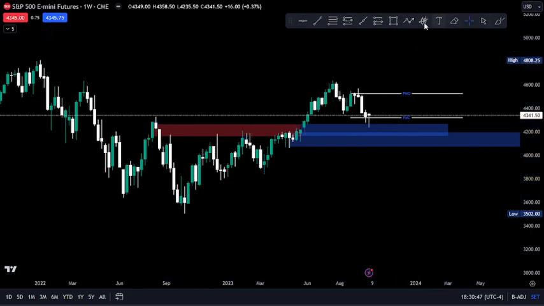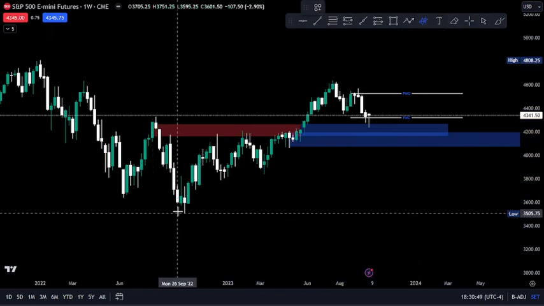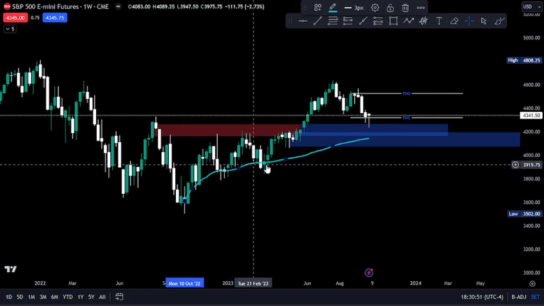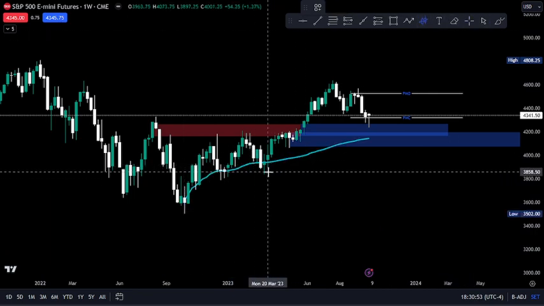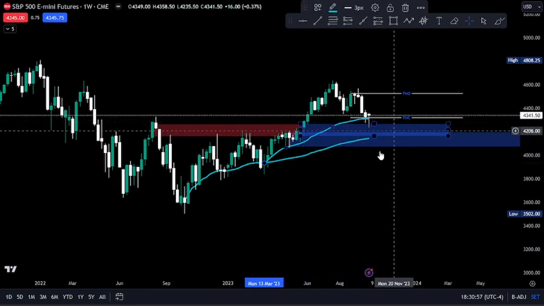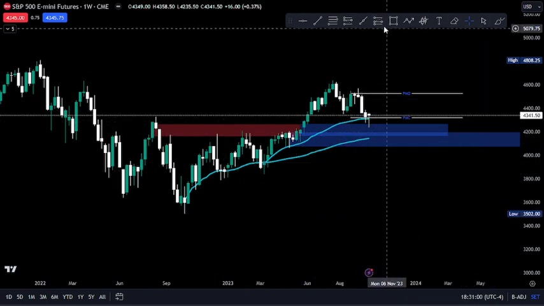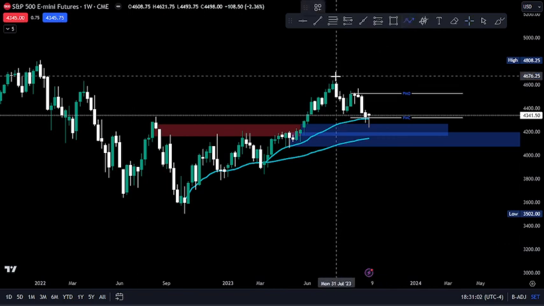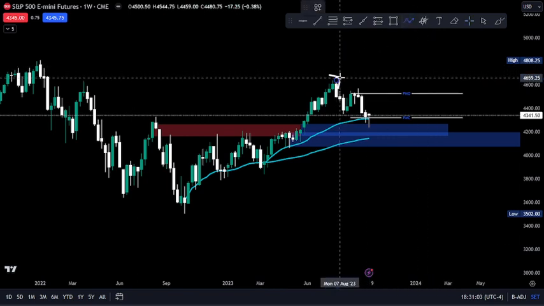If we use some anchored VWAPs from these pivot lows, on the weekly we're now basing above these, which is a very bullish sign. And we can also add them in from here.